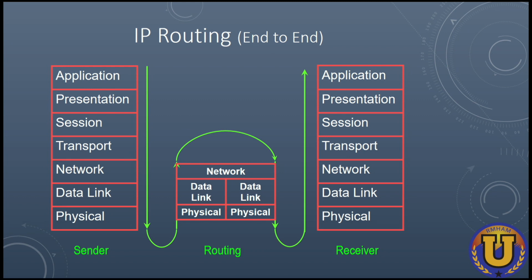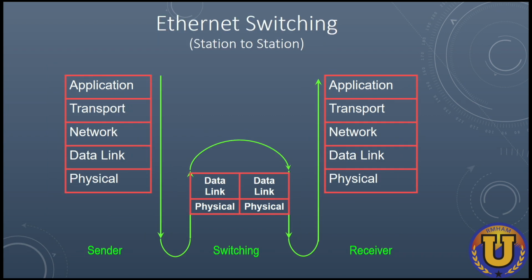And so the radio at the tower where you connect to goes up here to the network layer and starts looking at the addressing information. Am I not correct? And then that sends to where it goes, because that's a routing function. Whereas this is really station to station. They just look at the MAC addresses and say, this is the station it's going to.